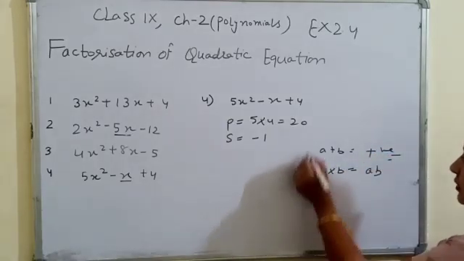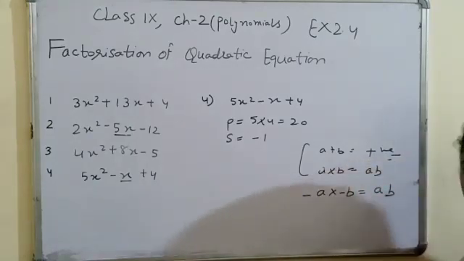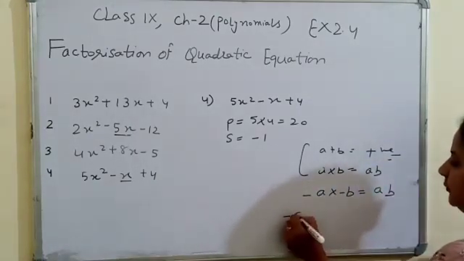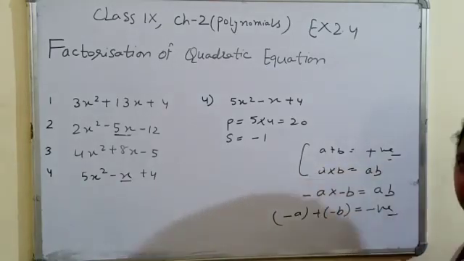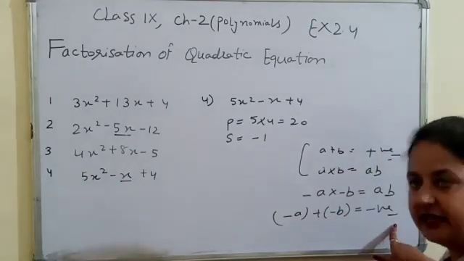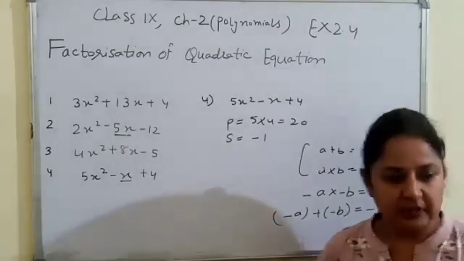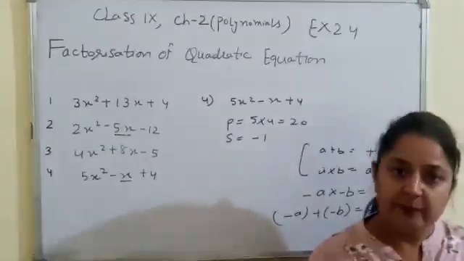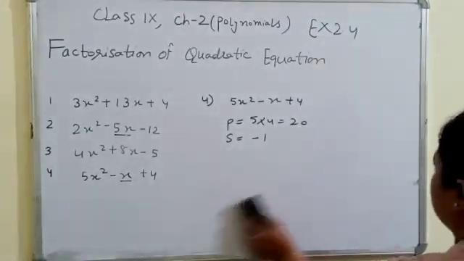But when we multiply two negative numbers, their product is positive, but when we add two negative numbers, their result is negative. So when we make the factors of 20, we have to take both factors in the negative form. So let's see which factors of 20 we can make here.